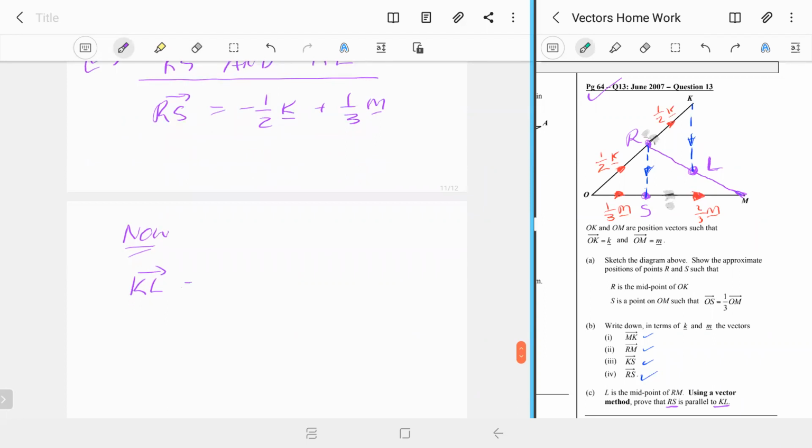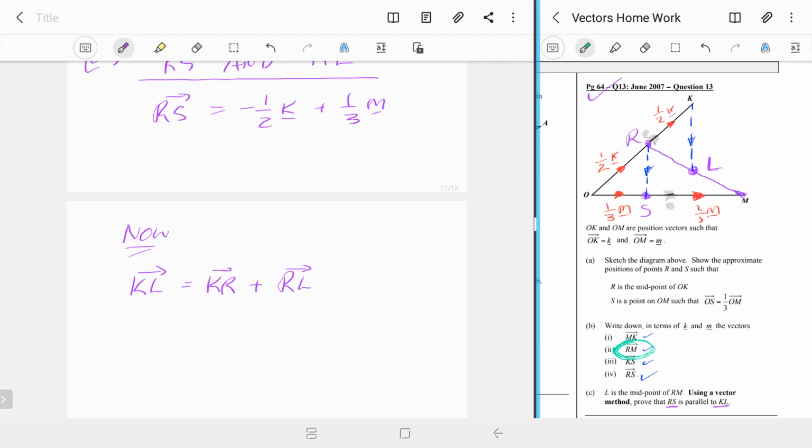Based on the diagram, KL is K to R and then R to L. But we don't have to waste time working out R to L, because R to L is simply half of something that we know already. We already found RM, down here.